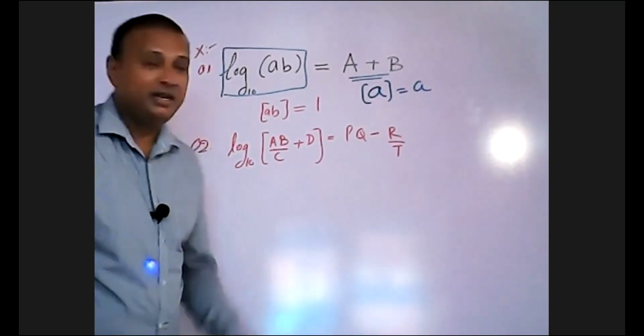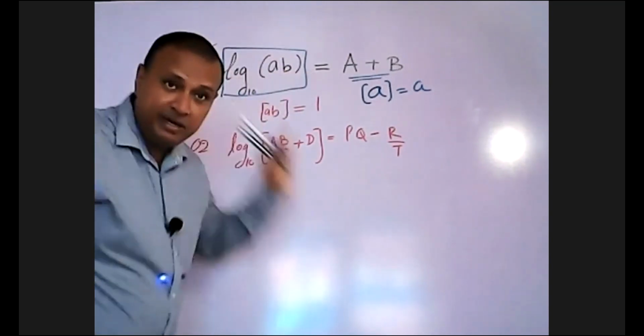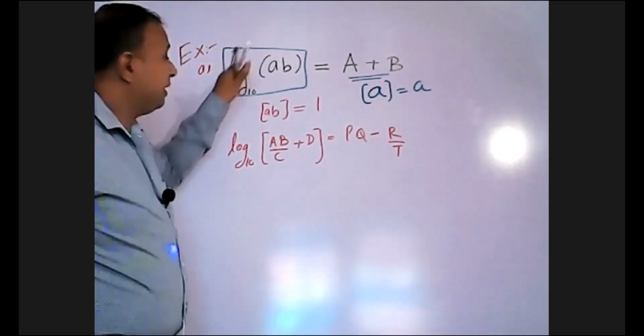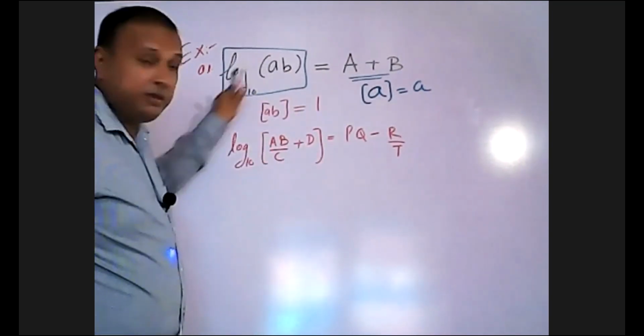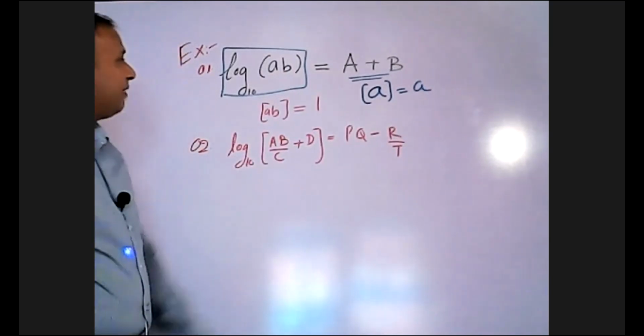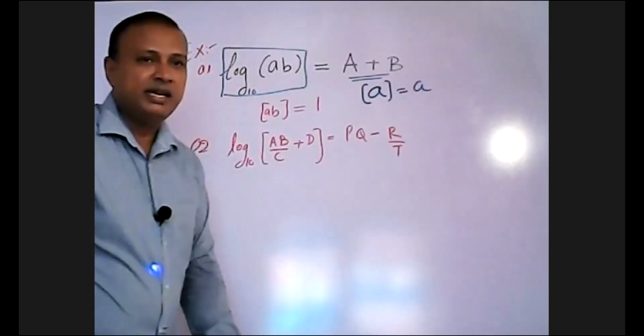Inside that one, that expression is also a number. Definitely, it is a number. Then this one is also a number. Therefore, this one should be equal to a number.